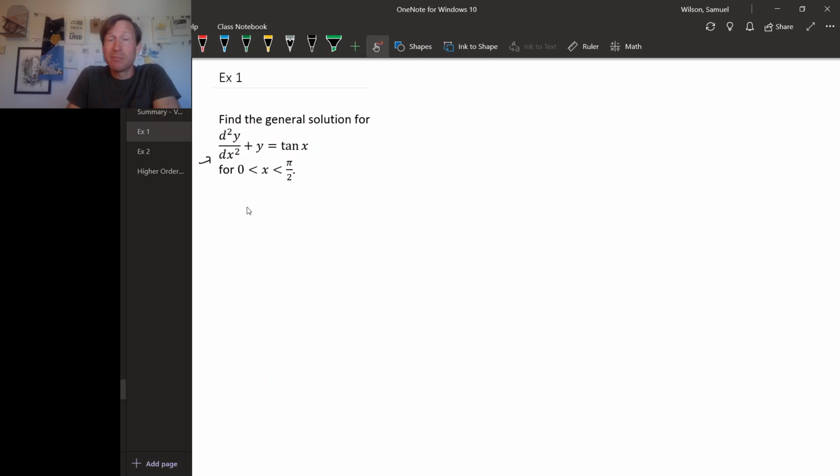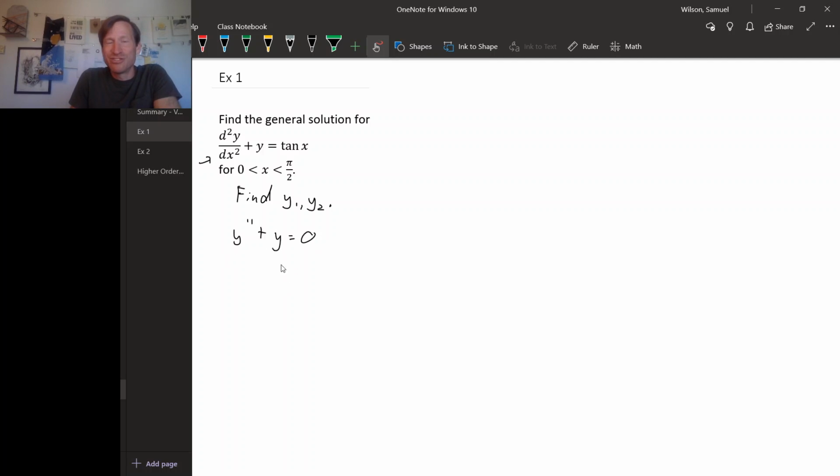For variation of parameters, first thing we need to do is find a fundamental set of solutions to the associated homogeneous equation. So the associated homogeneous equation is y double prime plus y equals 0.